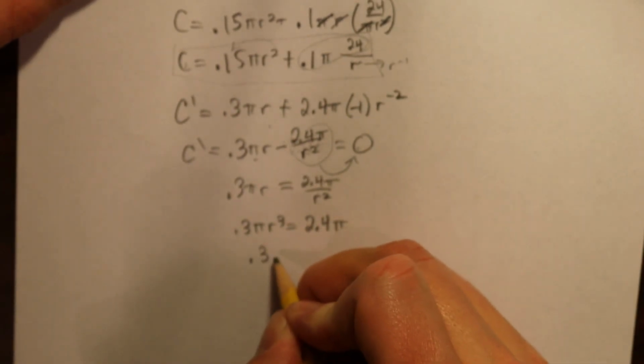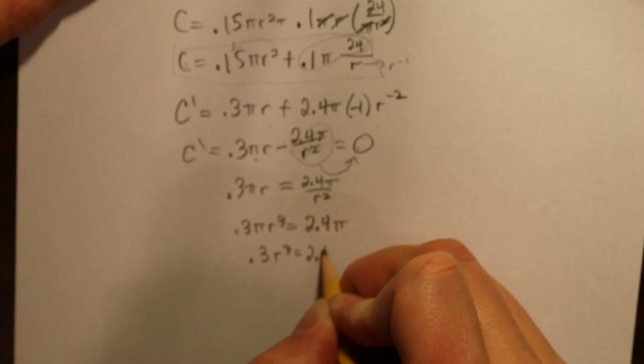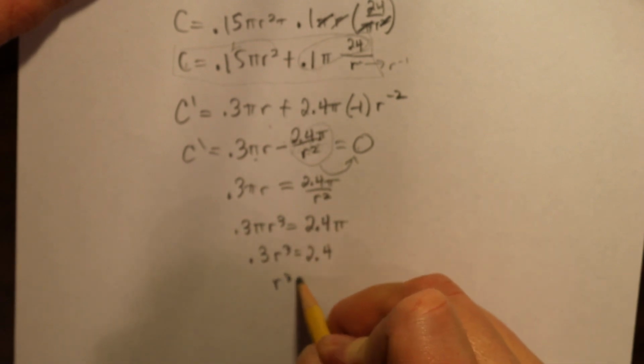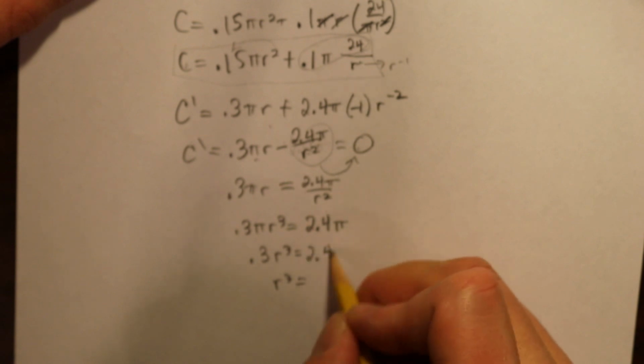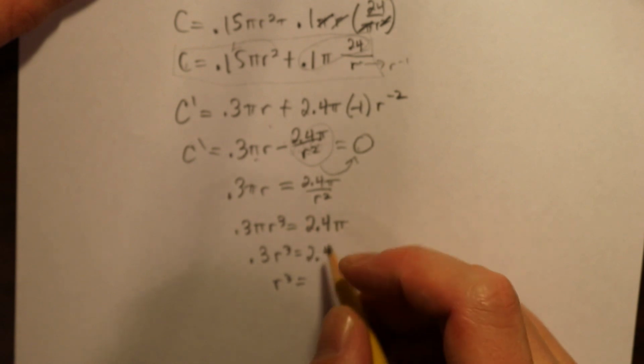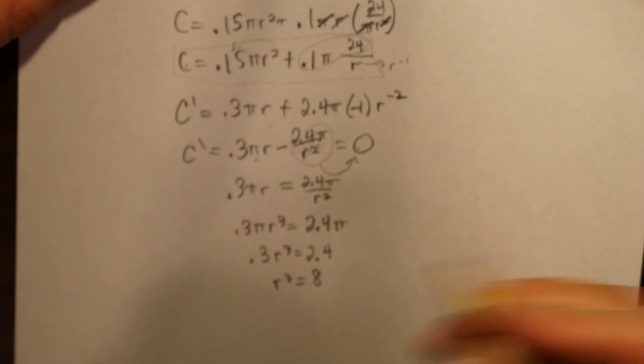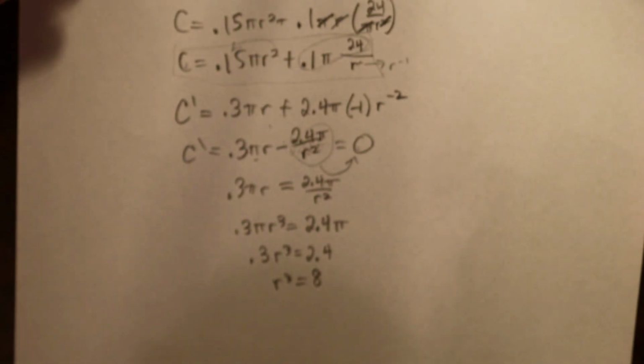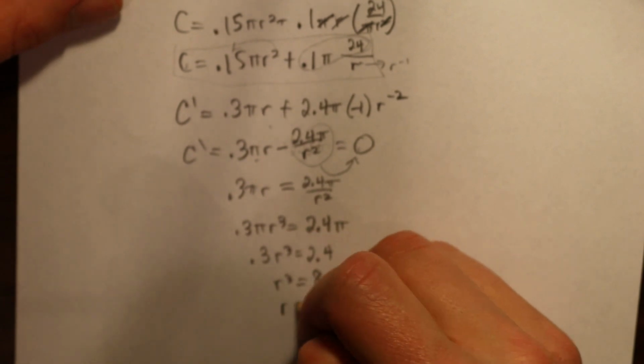I can divide away the pi. I can divide away the 0.3. Well, this divided by 3 would be 0.8, so it's going to become 8.0 when I divide by 0.3, which means r is 2.